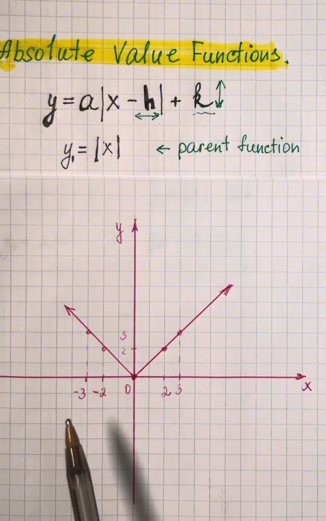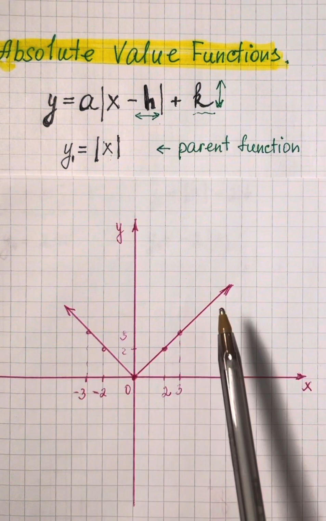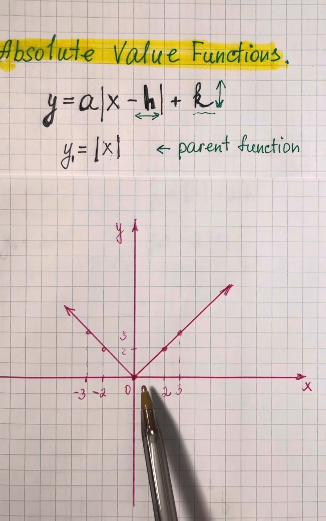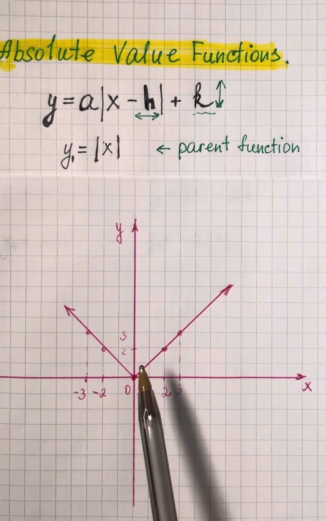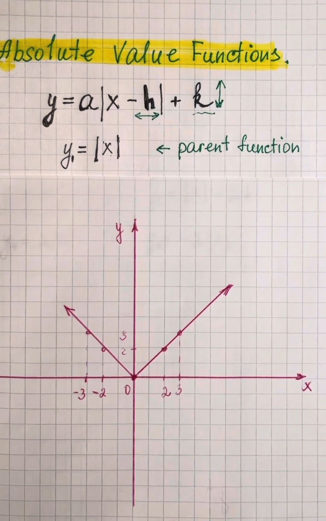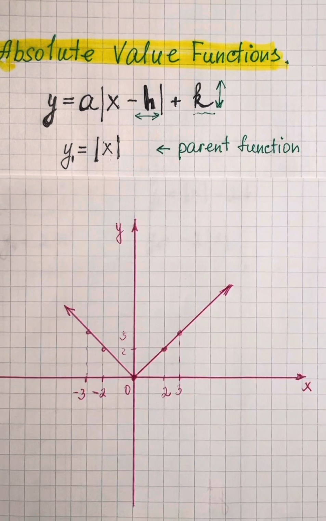Okay, and as you see, what we have is a V shape. So with an absolute value function, when you see a V shape, you can recognize what kind of function it is. And this we will call the parent function, because that's how absolute value looks in the beginning.